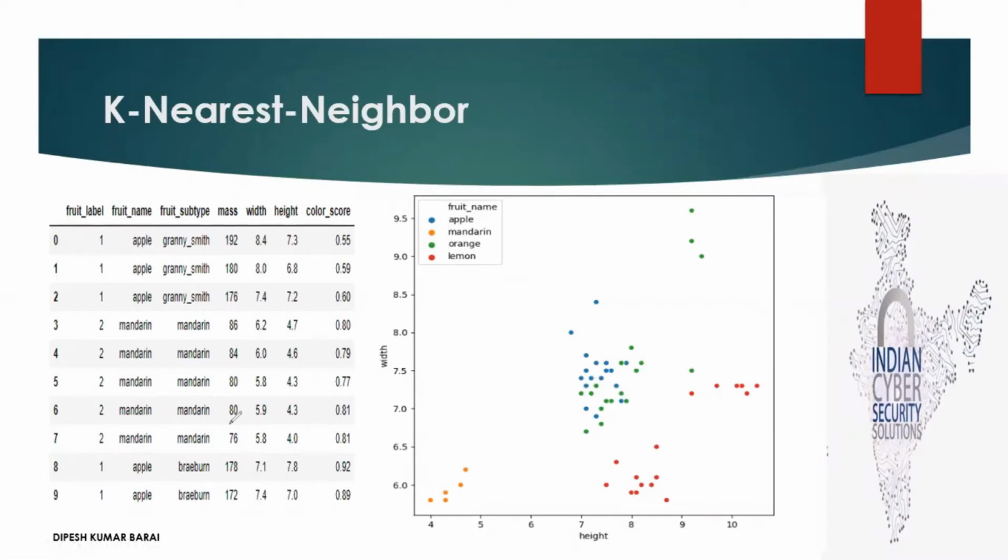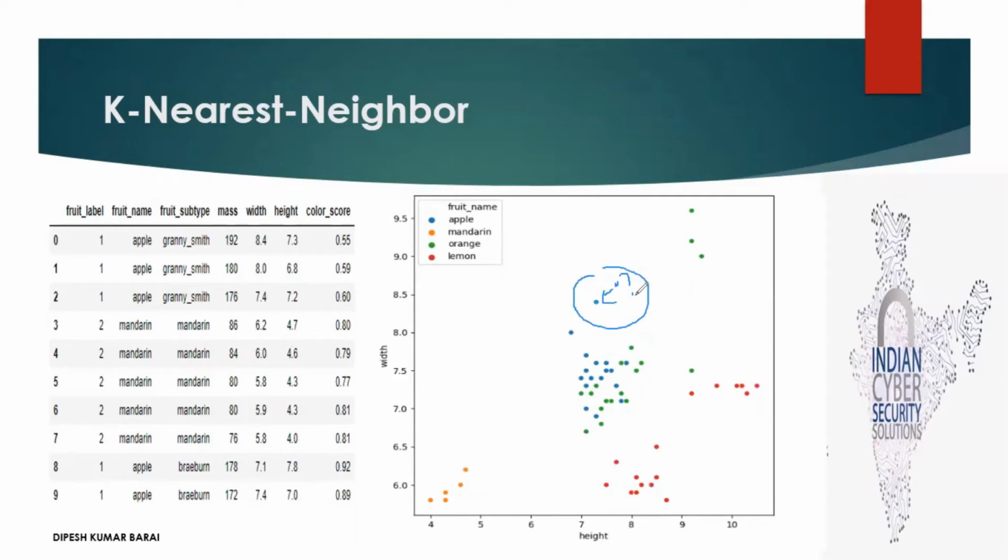Suppose a new data point comes here, where we have taken two features, height and width. What will this fruit be? If we take the one point nearest to this point, we can say this fruit can be an apple, because the color of an apple is blue.